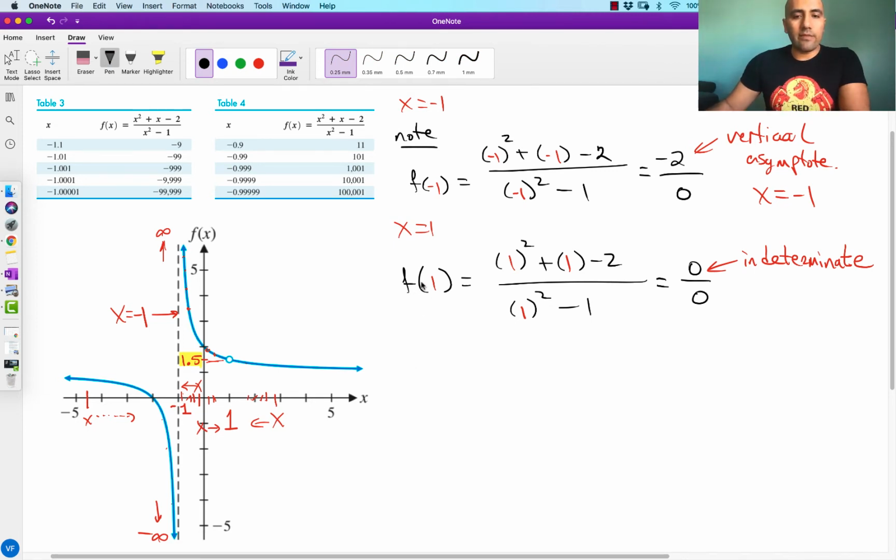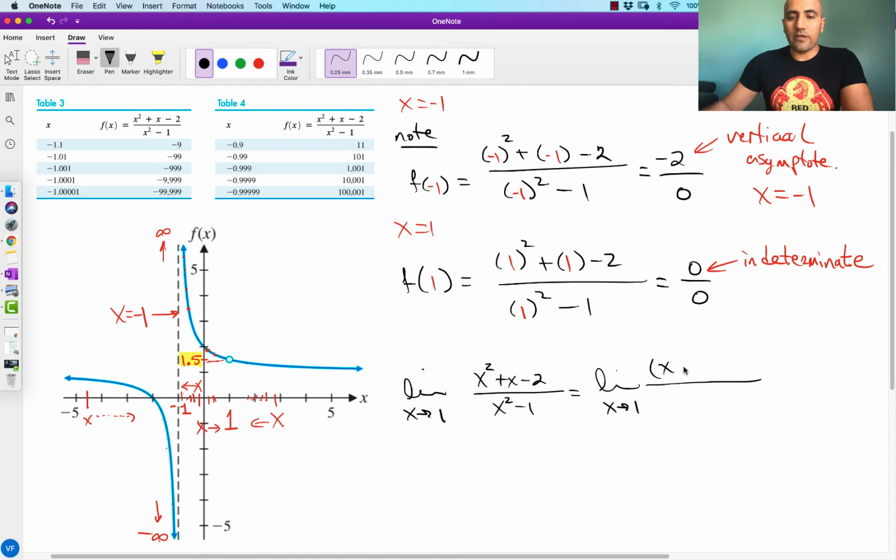Now when we want to think about the limit as x approaches 1 for the case where we had the indeterminate form, let's write it out this way. The limit as x approaches 1, an unrestricted limit, so we're not designating one direction or the other, of my function x squared plus x minus 2 divided by x squared minus 1, is going to be equal to the limit as x approaches 1 of, and then we could factor this.